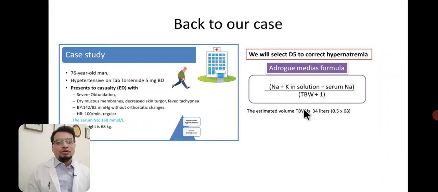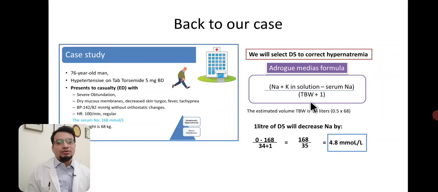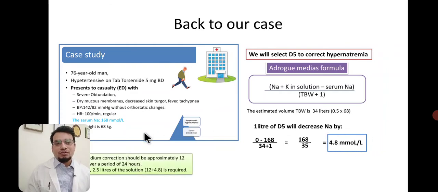The total body water is usually calculated by multiplying the correction factor into the body weight. In this case, the body weight is 68 kg, so we will use 34 liters of total body water, and putting all these together in this equation, we have calculated that 1 liter of D5 will decrease sodium by 4.8 millimole per liter.